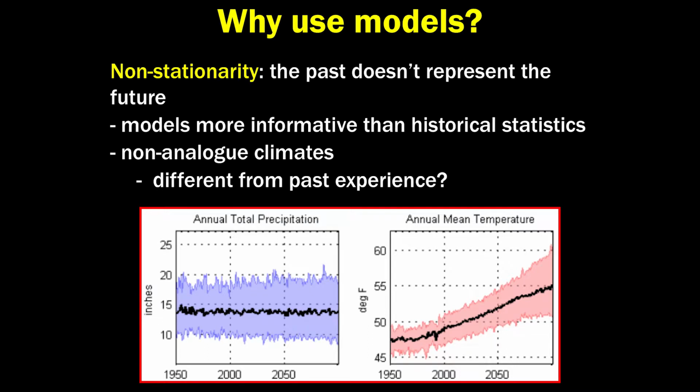Here we go. So, why use models? Well, one good reason is non-stationarity in the climate system, which basically means that because of things like trends in temperature, it affects things like I just talked about, changes in snow hydrology and so on. So the past is no longer a good guide for the future, especially as we go out into the deep future.